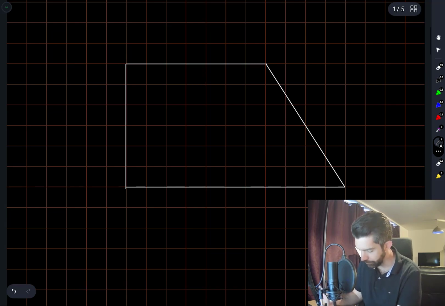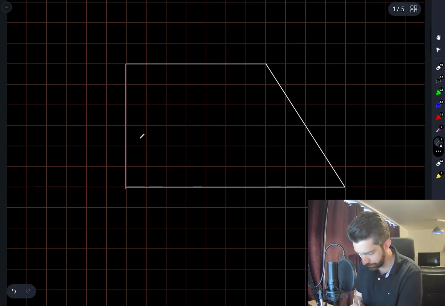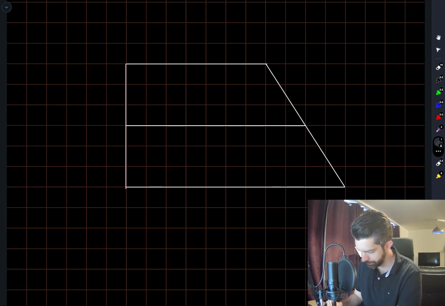Because now things are obviously divided into rectangles and triangles. Okay, so if I join the midpoints like that, we have A1 and A2.